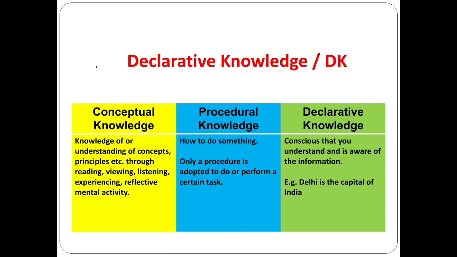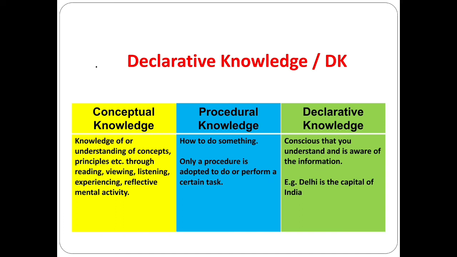Clear? Next, declarative knowledge. See, when we talk about declarative knowledge, it will be more clear by comparing conceptual knowledge, procedural knowledge, and declarative knowledge. Look, just see this very carefully.